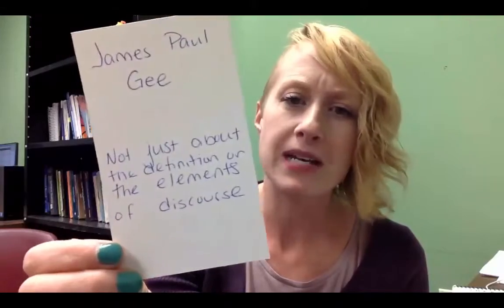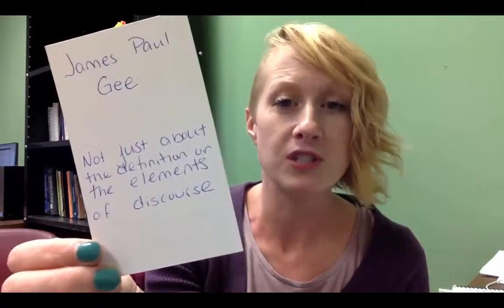So, going back to the very beginning, Gee's argument is not just that there are many elements to this definition of discourse. He is saying that we must look at and examine all of these elements if we are to analyze what discourse is and develop an understanding of somebody's identity.